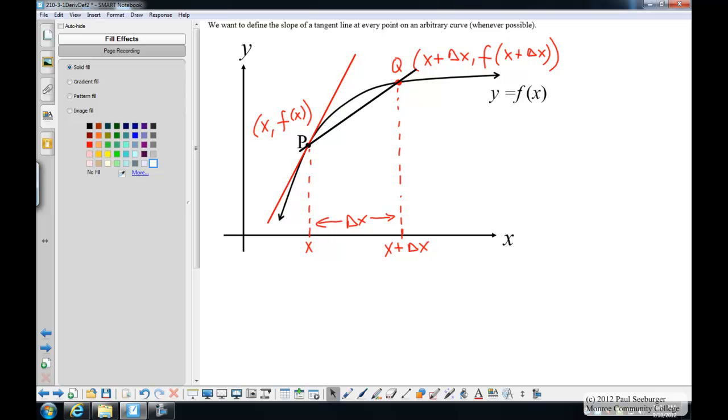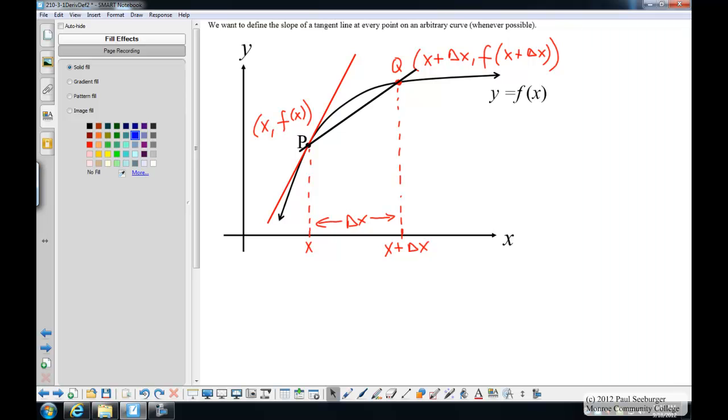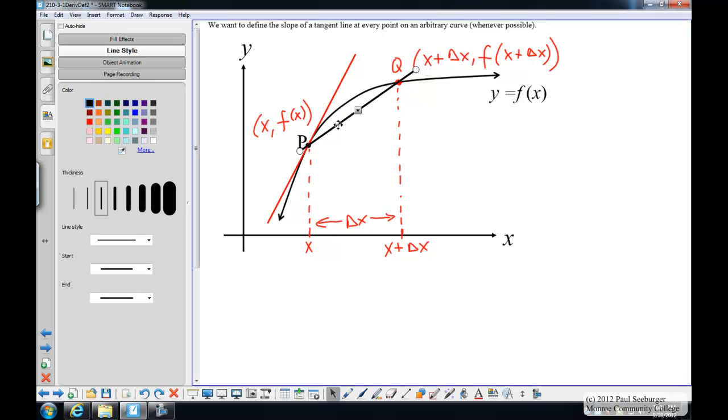Make it blue. Oh, I didn't make what I wanted blue here. Undo that. All right, let me pick this again. There we go. Now it'll work. Make that blue. Light blue. Okay, and go back to here.